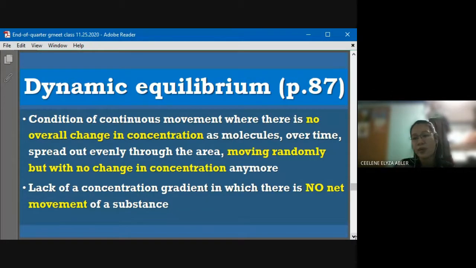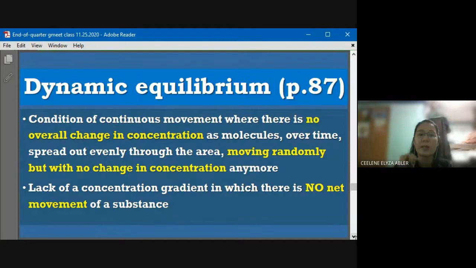The term equilibrium lang kasi, class, it's a misnomer. Hindi yan siya yung tama na term. Ang tinatawag natin sa biology is dynamic because there is still moving of substances. Diffusion of substances, pero meron pa rin nangyayari. But the substances are actually just on equal na proportion inside and outside of the cell.